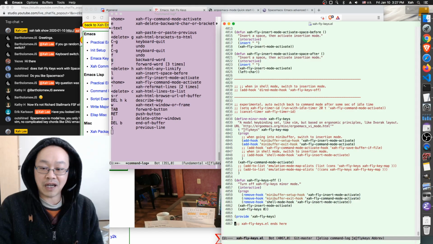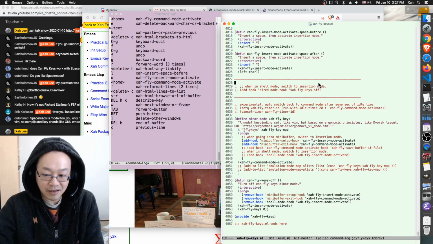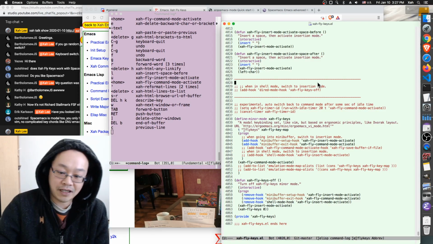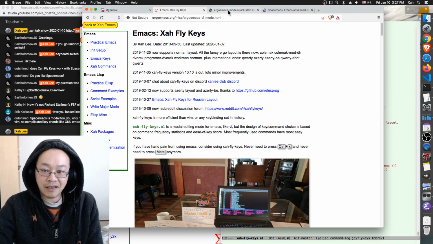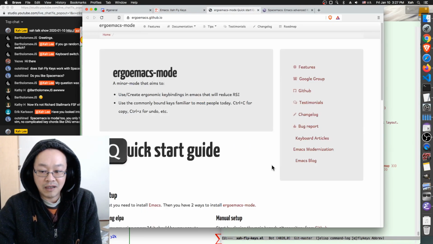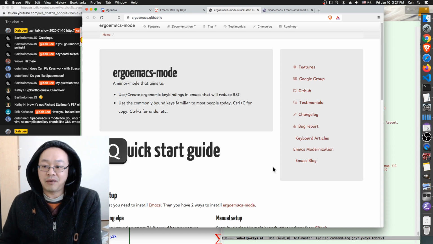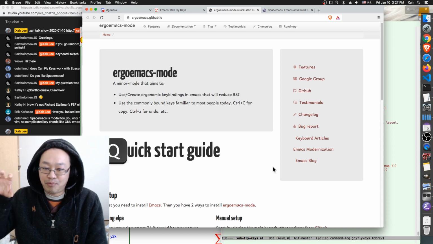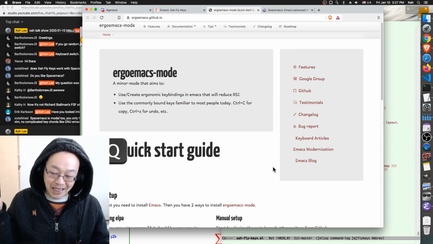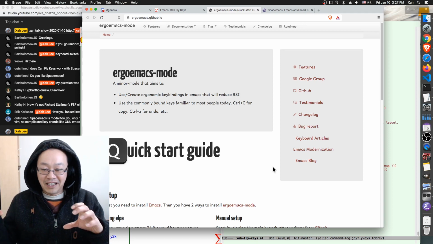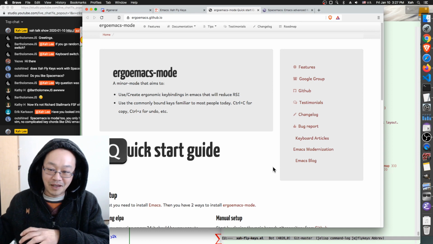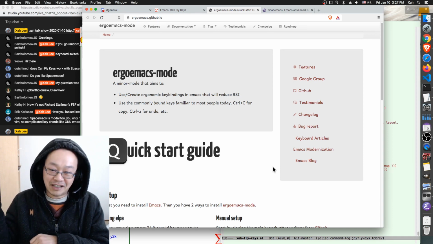Anyone can understand it, and you can modify it to the way you like. On the other hand, for ergoemacs mode, you cannot modify it the way you want. But actually, Matt Fiedler provides a system where you can override keys.